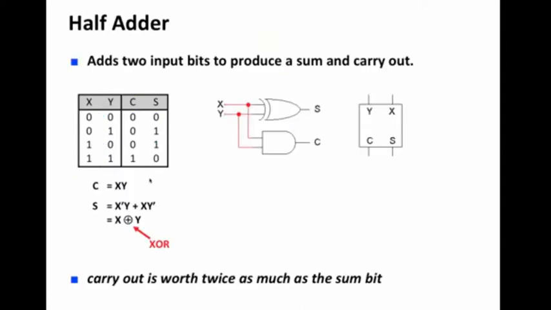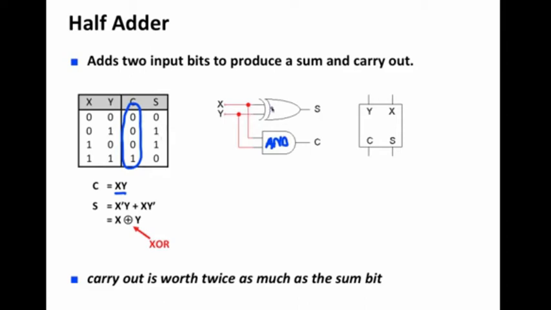So given this truth table, we can implement this with a relatively simple circuit. If we look at the carry out, it is only 1 when X and Y are both 1. So we can implement that with the expression XY, or just an AND gate, to produce the carry out signal. The sum is a little more complicated, but it's something that we've already seen, which is an XOR gate.